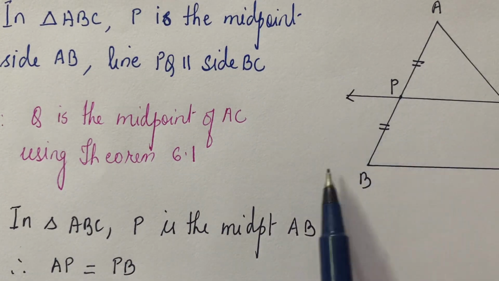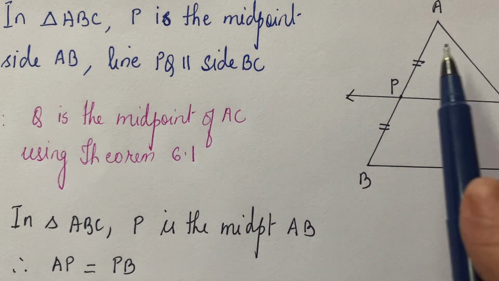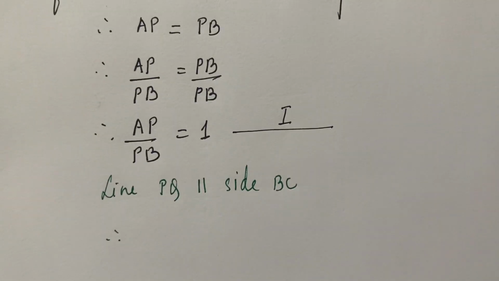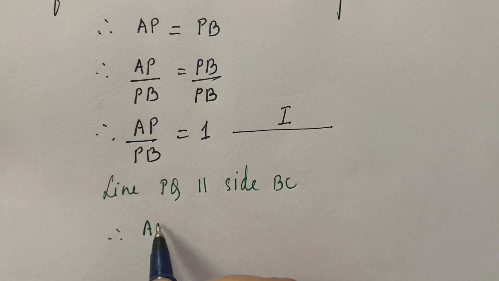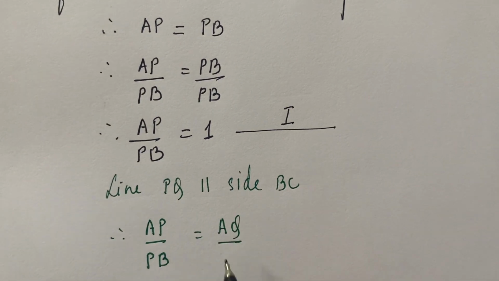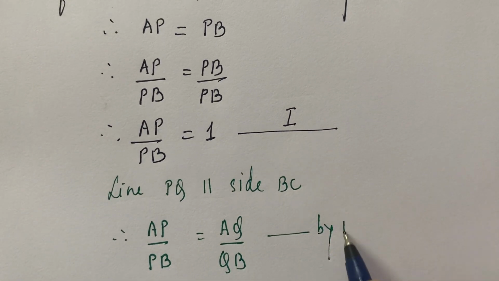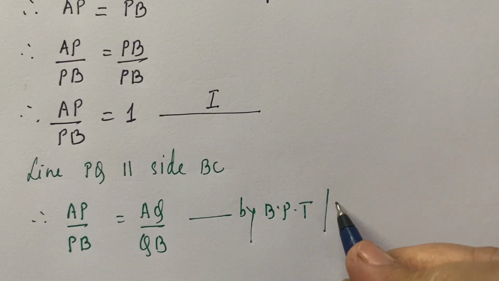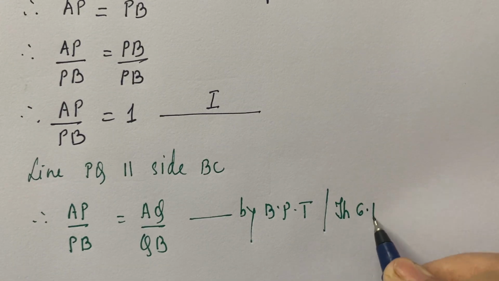If a line is parallel to one side of a triangle, then it will divide the other two sides in the same ratio. So therefore, you will have AP upon PB is equal to AQ upon QC by basic proportionality theorem, or this is your theorem 6.1. This is equation 2.